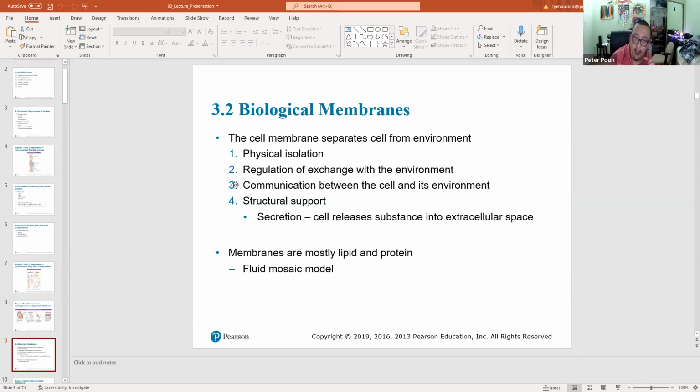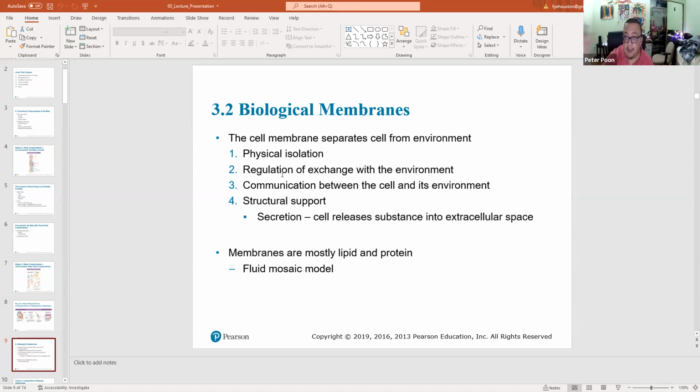I can let things in if I want to. I can prevent them from coming in if I want to. I can allow things to stay in, or I can let them out, or I can even push them out on purpose. In addition to regulation, there's communication between the cell and its environment.